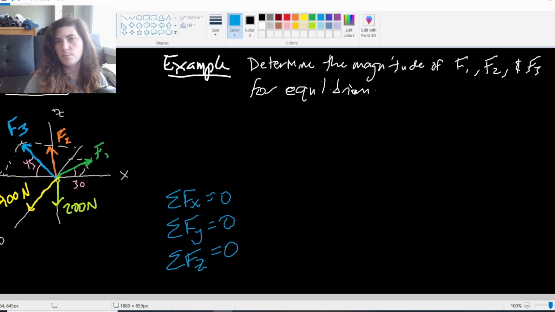You would have been setting up and solving systems of equations where you have 2 unknowns and 2 equations, or 3 unknowns, 3 equations. And that's exactly all we're doing here. We're just applying those basic concepts you learned way back a few years ago in high school, maybe in college algebra, and we're just applying them here in statics. No complicated calculus or anything, just doing the basic math.